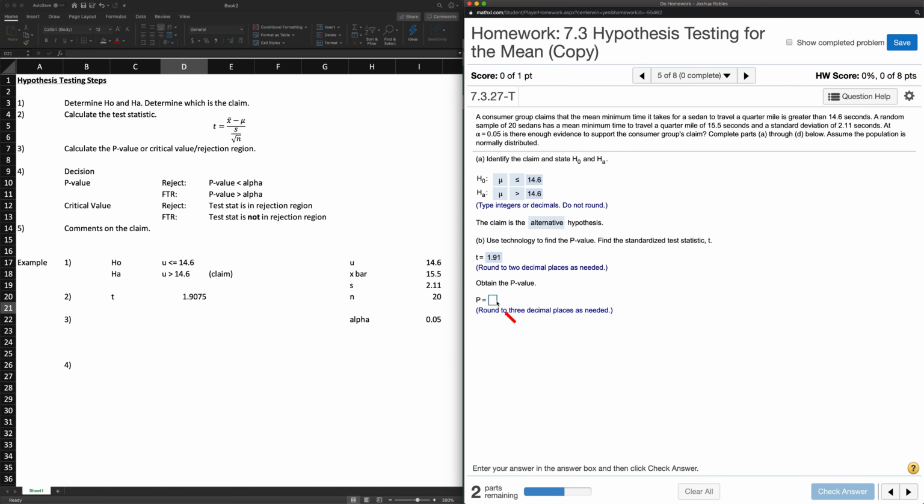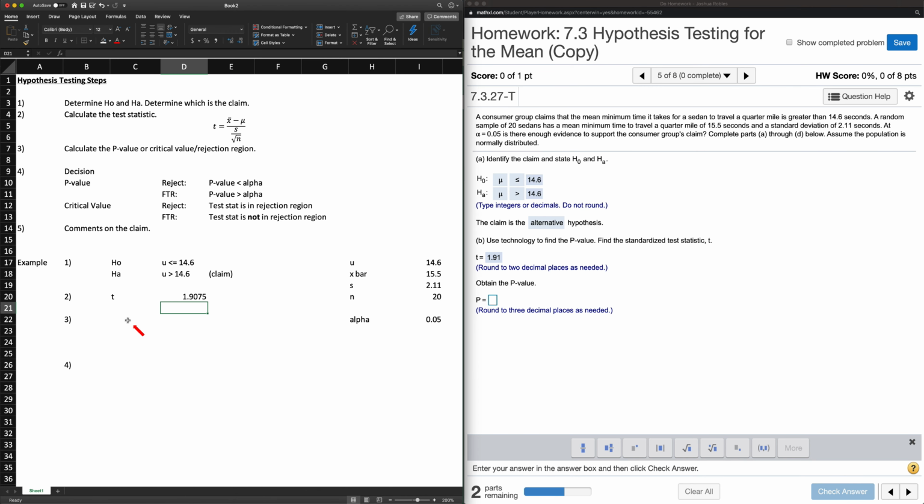All right, and then let's find the p-value. So this is a right-tailed test since the alternative is greater. And so to find the p-value, we're going to use a t.dist since this is the t-distribution. And we can use the right tail function so we don't have to do the complement on our own.